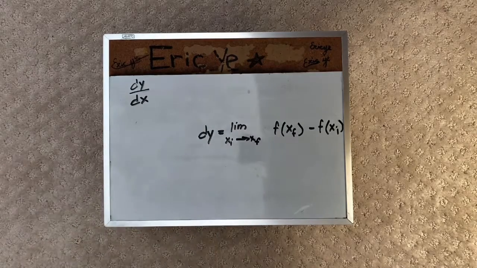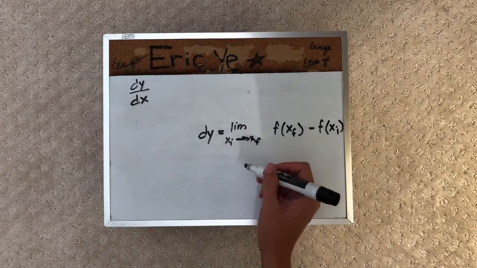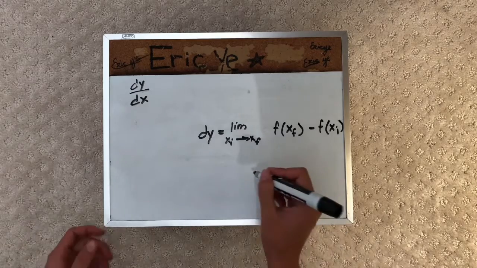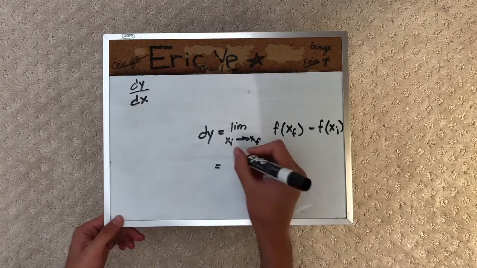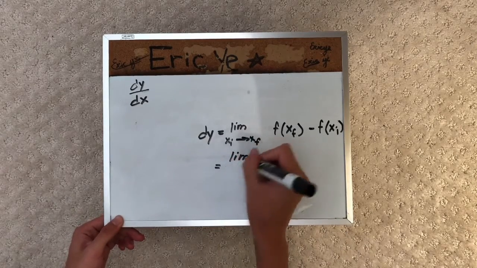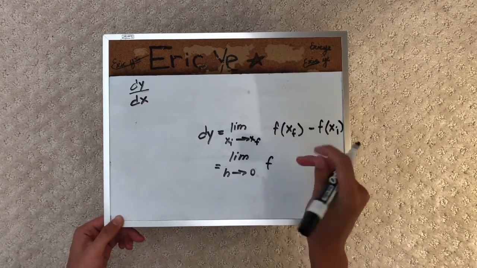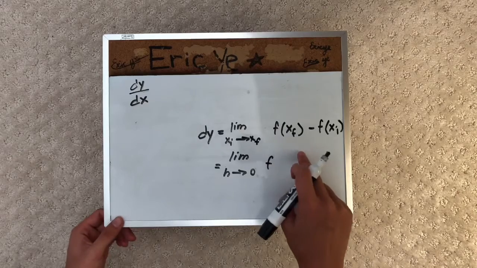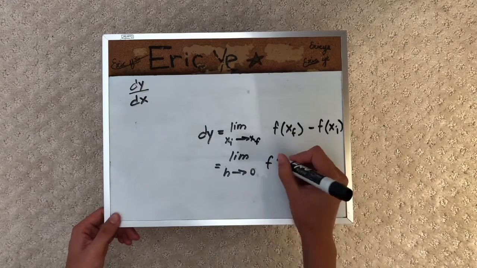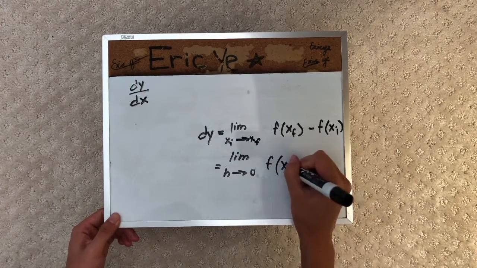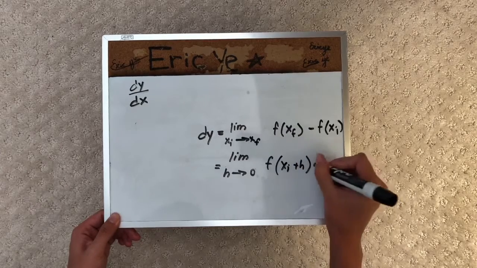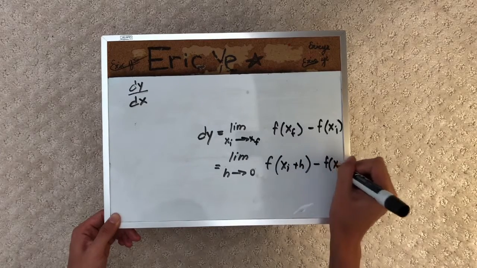Since h is the difference between x final and x initial, as x initial approaches x final, h would approach 0, so dy would be equal to the limit as h approaches 0 of f. We define x final as x initial plus h, so f of x initial plus h minus f of x initial.